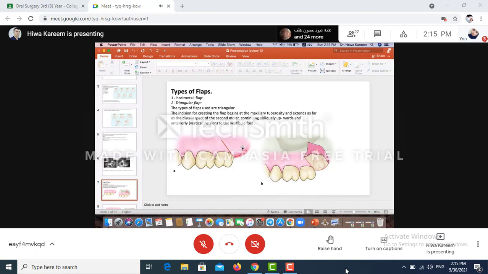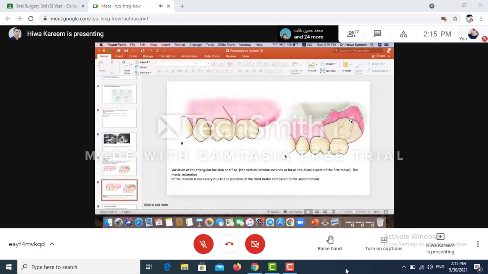The incision starts from the maxillary tuberosity and extends distal to the second molar, like this, with a vertical incision to the vestibule, the fold of the vestibule, like this. And the flap is reflected.